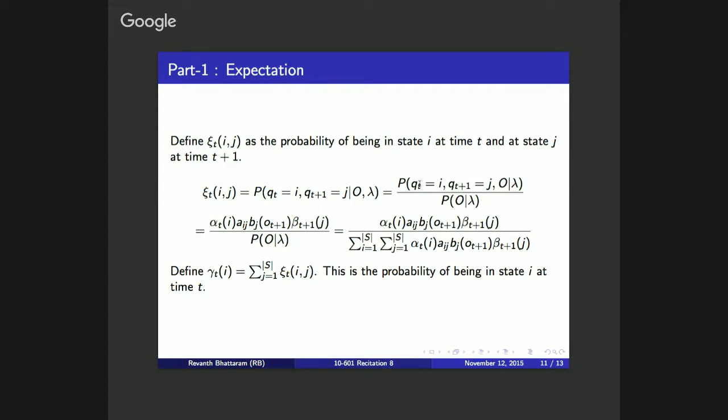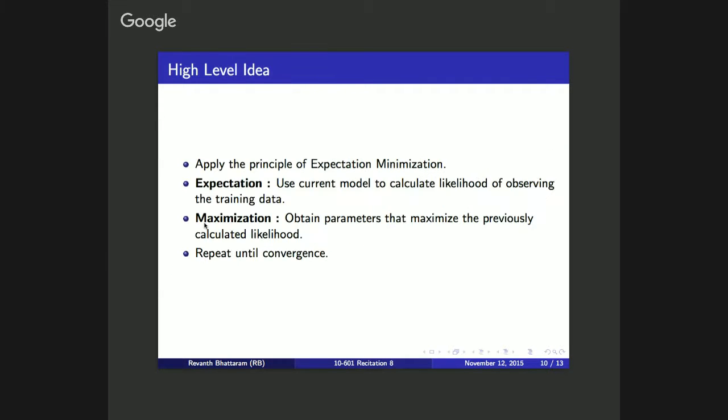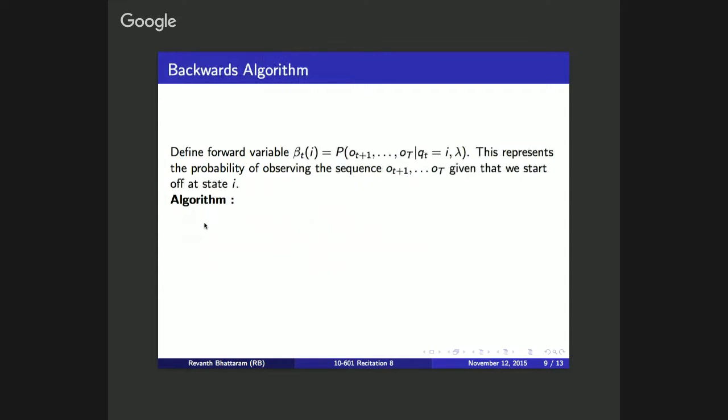Again, just using conditional probability, we get the probability of the observation sequence, and the probability that at qt I'm at i and at qt plus 1 I'm at j. So what is this going to look like? We write this as alpha t of i. If we go back to the definition of alpha, what is alpha?